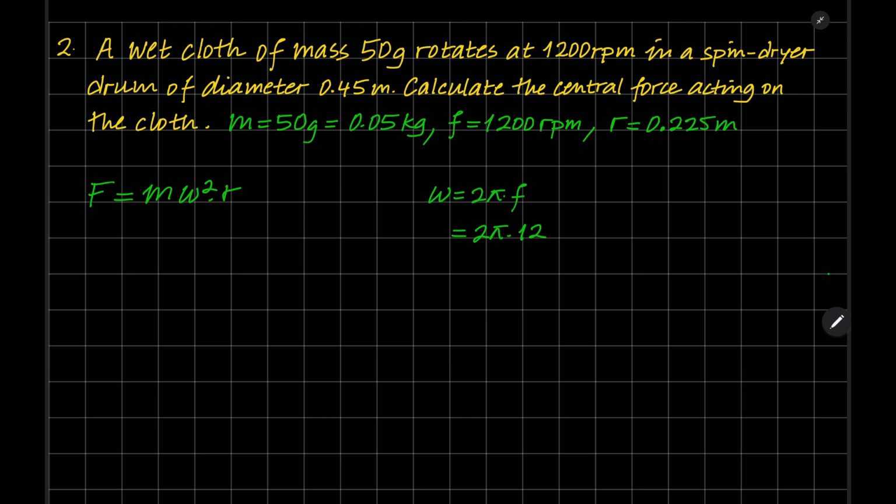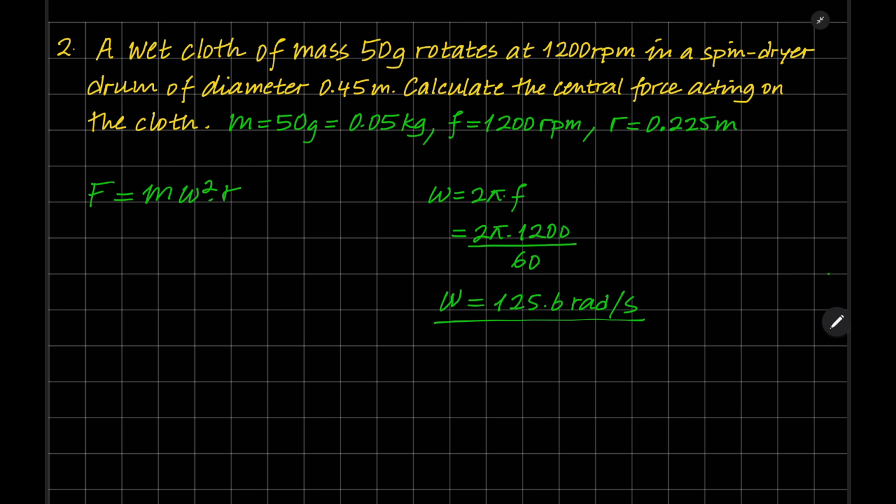Then it's 1200 divided by 60. Then the angular velocity will be equal to 125.6 radians per second.